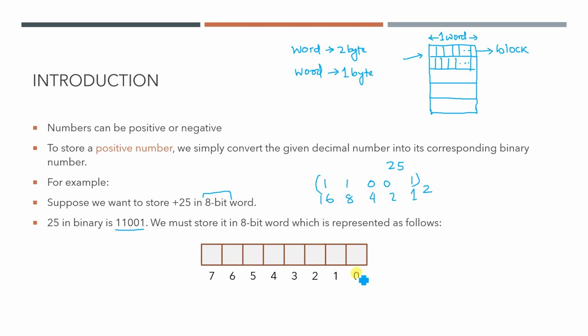The last 5 blocks, or the last 5 boxes, will represent these 5 digits. So this will be 1 1 0 0 1. This is how 25 gets represented over here, and the remaining boxes that are empty should be filled with 0 0 0. So this is how you are going to represent plus 25 in an 8-bit word.